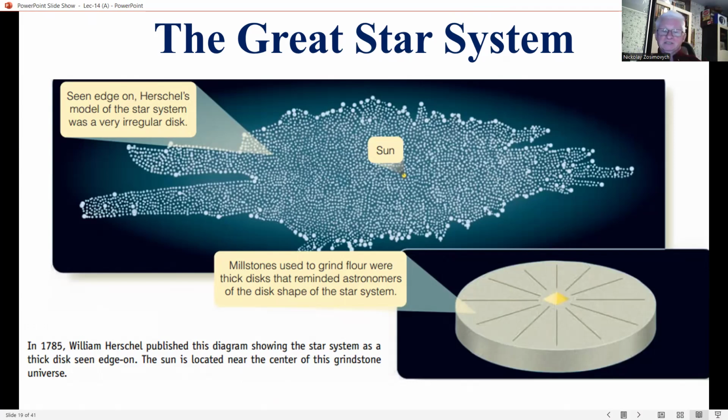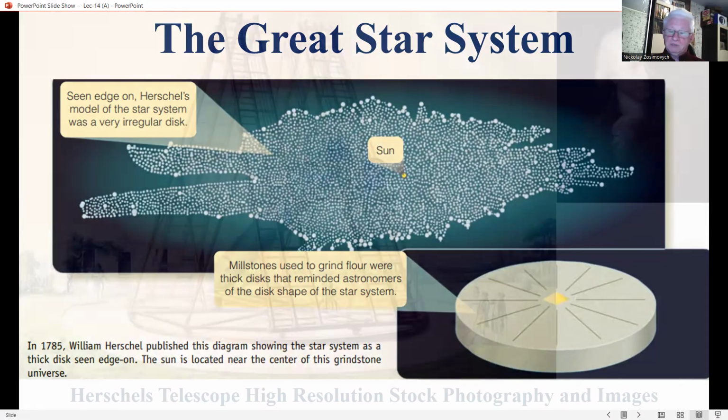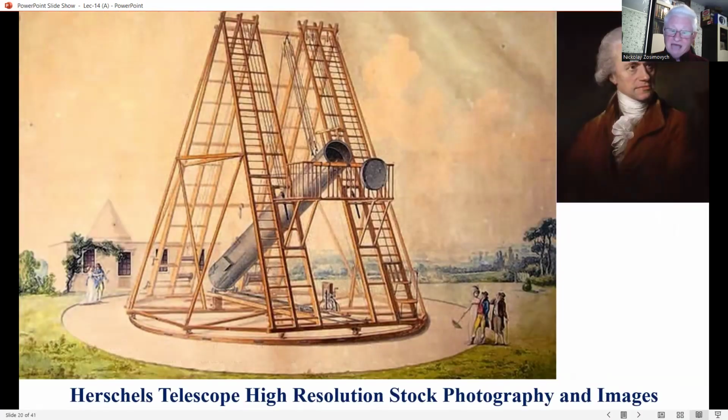In some directions in the sky, the Herschels saw very few stars, and these holes in the sky produced great irregularities along the edge of their diagram, as shown in this plot. Modern astronomers know that these empty spots are caused by dense clouds of gas and dust inside the Milky Way galaxy that block the view of more distant stars.